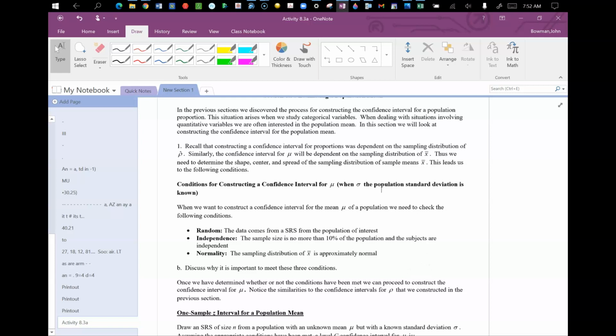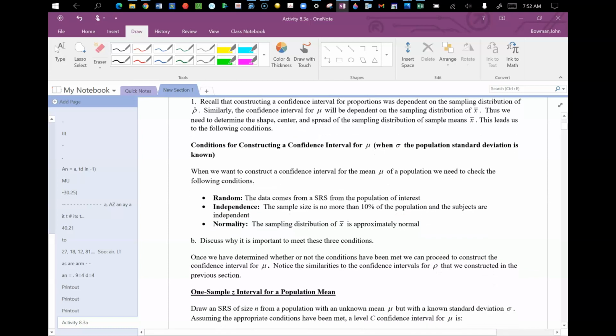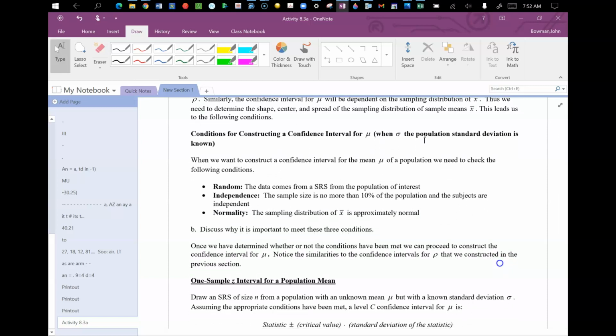So what we're going to do right now, and this is somewhat contrived, is we are going to assume we know the population standard deviation. And that's contrived because if you knew the population standard deviation, you use the population mean to calculate the population standard deviation. And so if you knew the population standard deviation, you would therefore know the population mean.